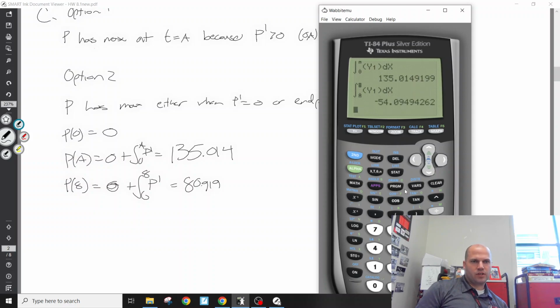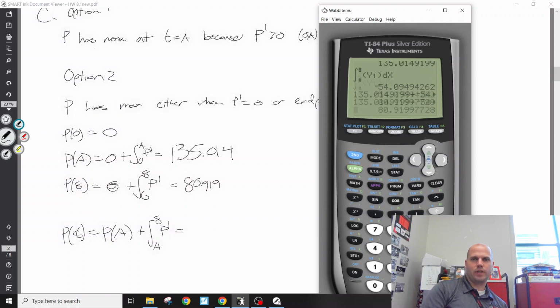And you could have said P of 8 equals P of A plus the integral from A to 8. This is how much we're decreasing. We decreased 54. So this number plus this number would give you that 80.919.